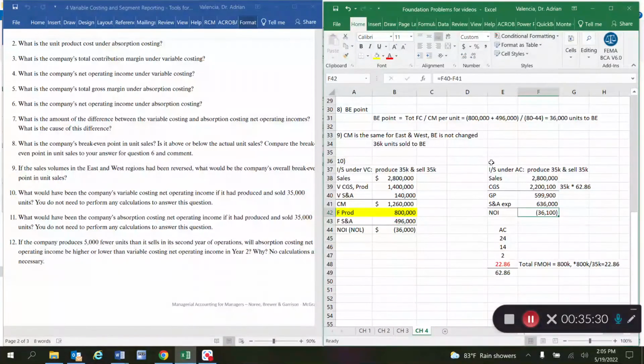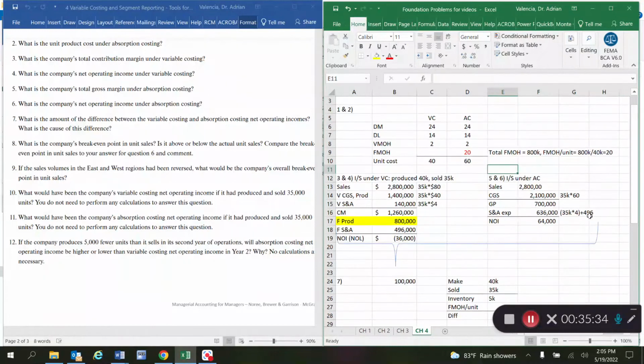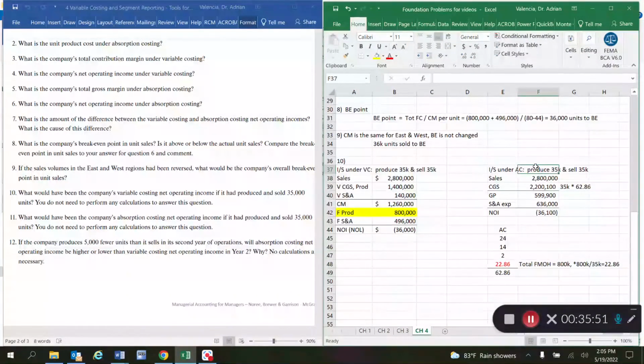Furthermore, under absorption costing, you're not going to get that distortion that we originally saw up here when we overproduce. And the distortion I'm talking about is that under absorption costing, if you overproduce, you're going to push up profitability because some of the 800,000 of fixed manufacturing overhead costs are going to be kept in inventory. But if you produce and sell the same thing, none of that 800,000 is kept in inventory. All of it will go out to cost of goods sold.